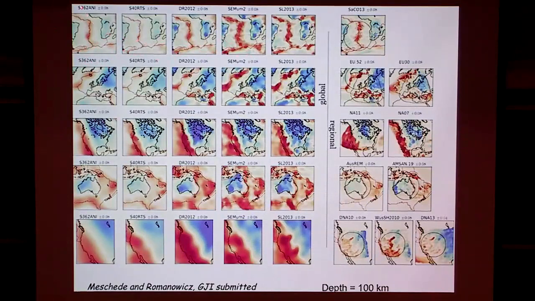Some of these models, like S362ANI, which is the Harvard model, are by design rather smooth, and so they don't see as many details. But some of the most recent models actually see a lot of details here, the ridge structure and the continent, etc., which agree quite well with what is seen from regional models, which have been constructed with data focused on resolving a particular region of the world.